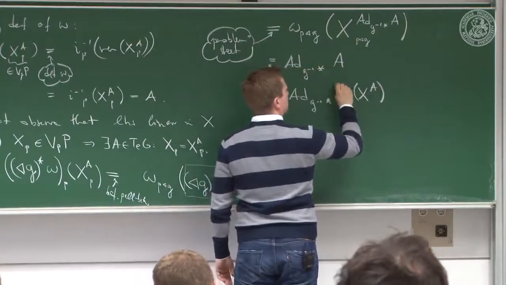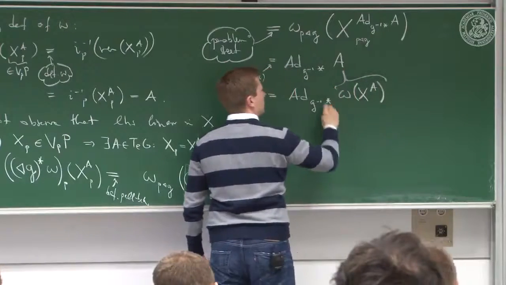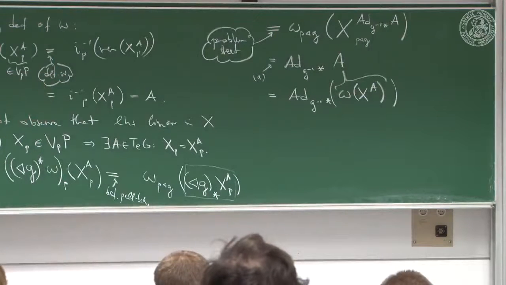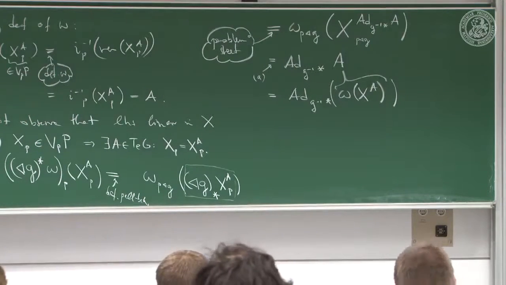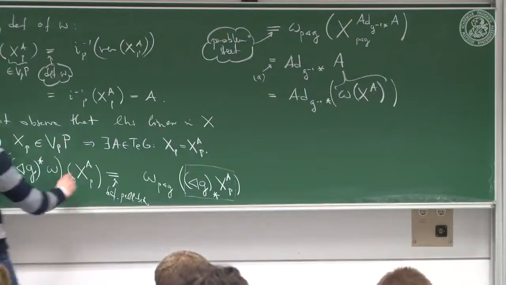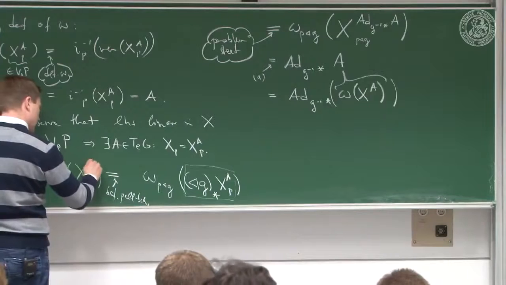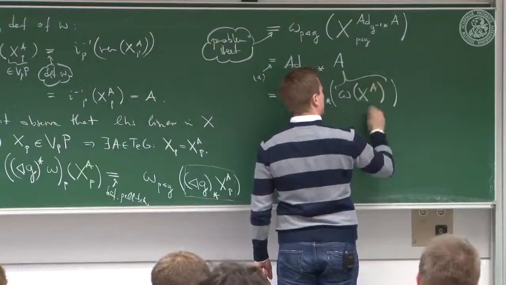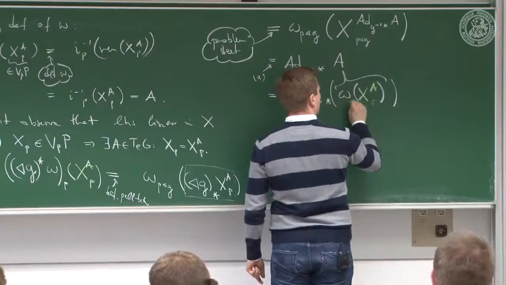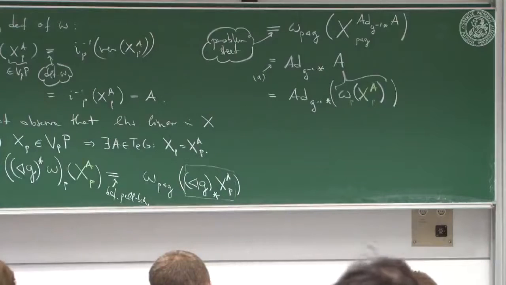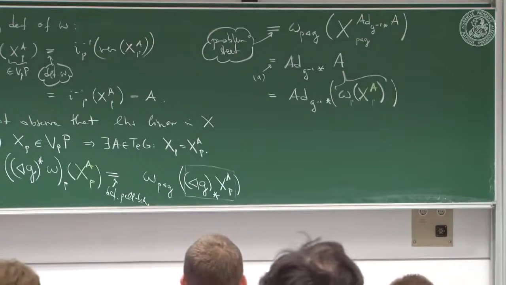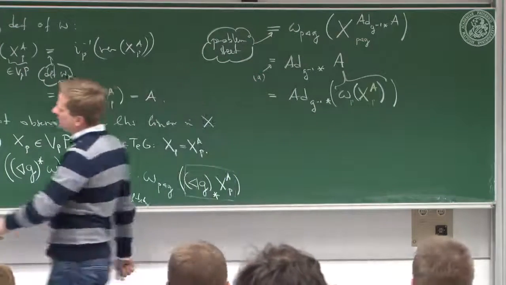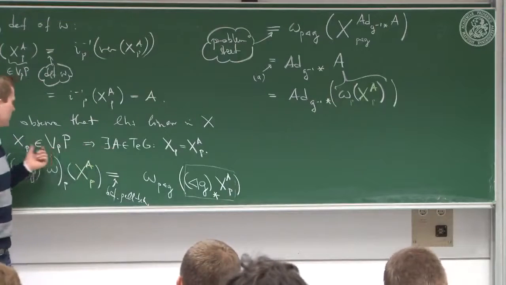Well, we just rewrite the A as the omega of XA, which of course we can, because that's just the same thing backwards. Aha, but if we compare what we did, we plugged in here an arbitrary vertical vector field, and it now appears here again, at the point P. Then we showed exactly what we wanted to show for the special case of X being vertical.